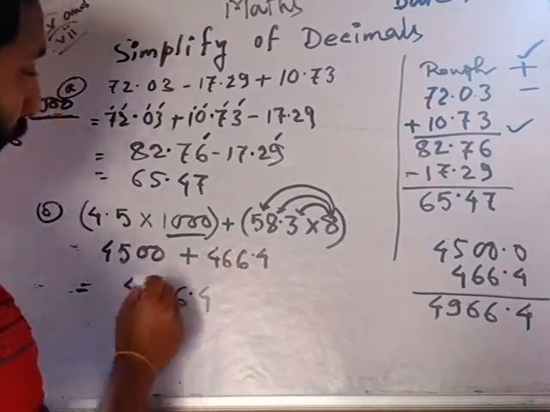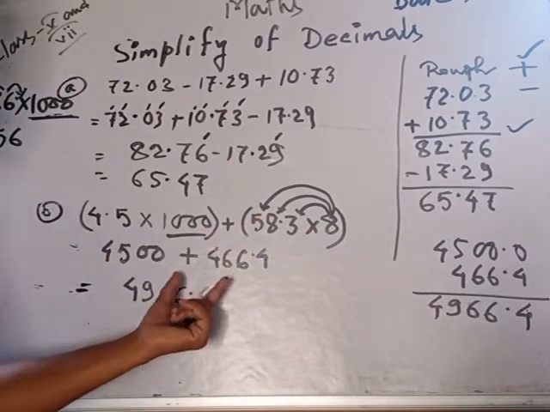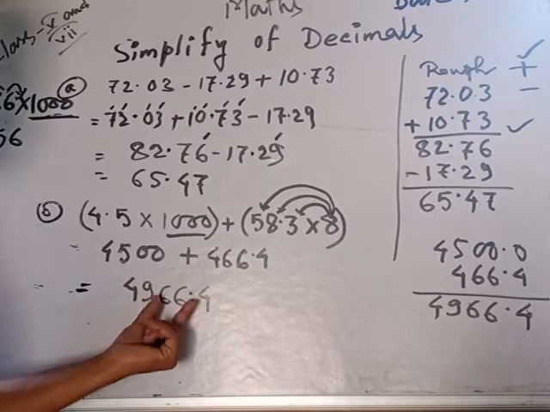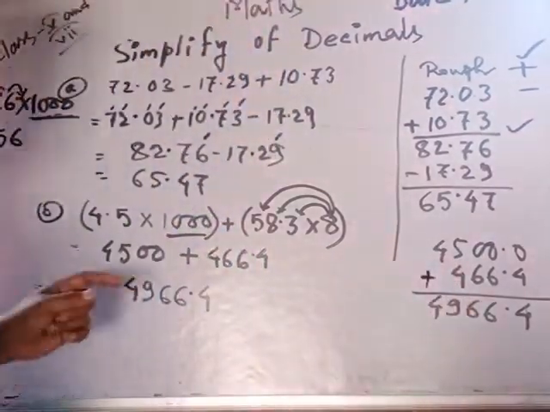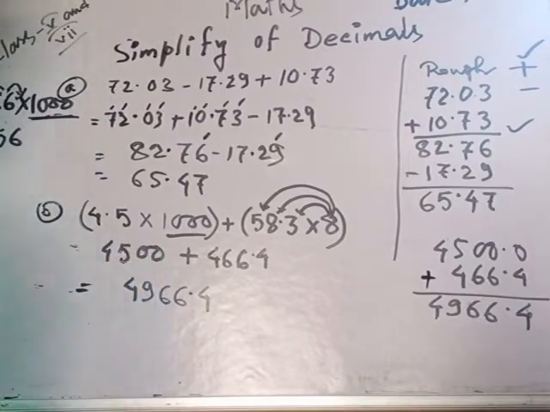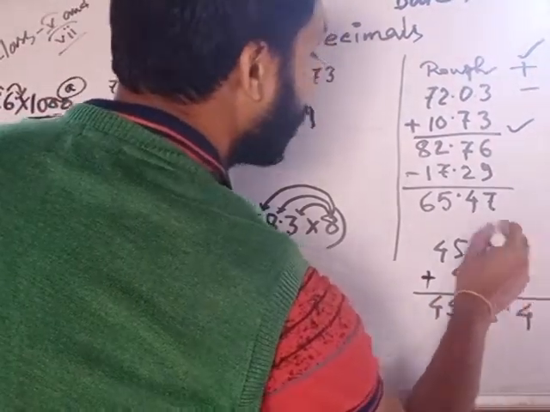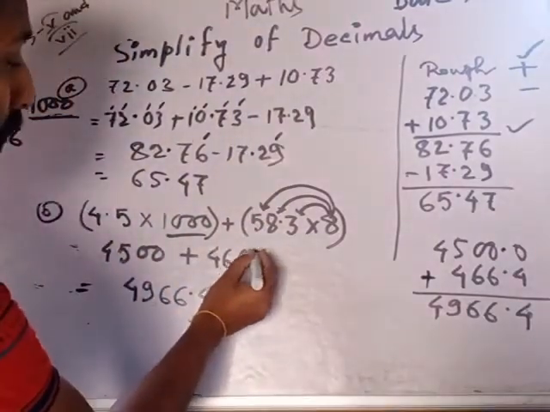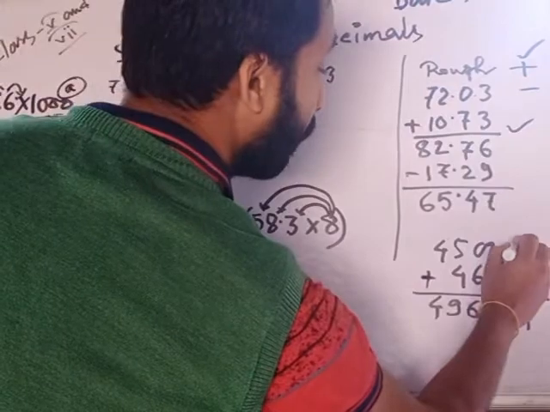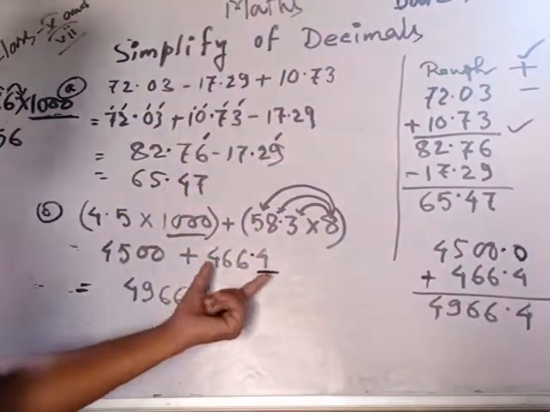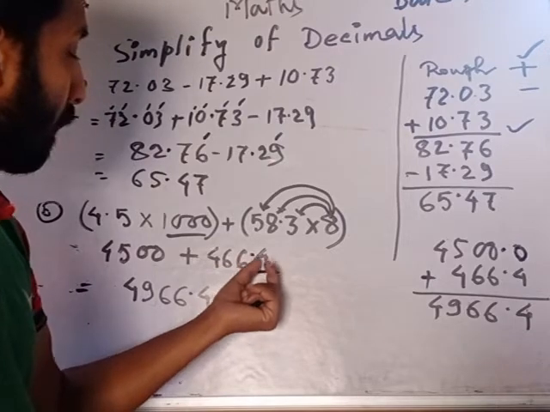After that we should add the numbers. When we get the multiplication result, the product, we should add these two numbers. If 4500 does not have a point, the point goes at the last. After the point there is one digit here, so I should take 0, because from this number after the point there is one digit.